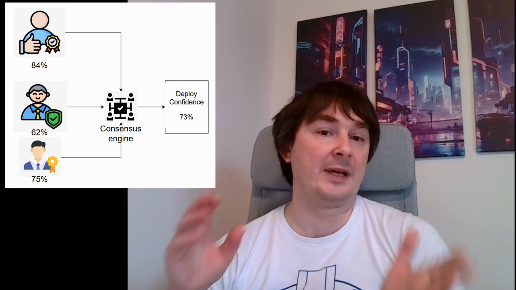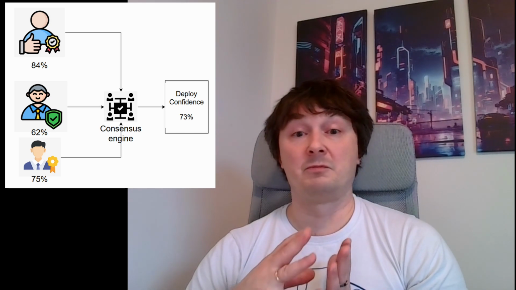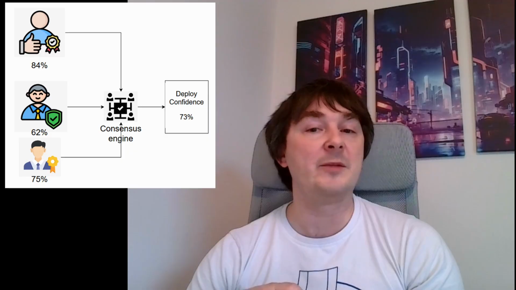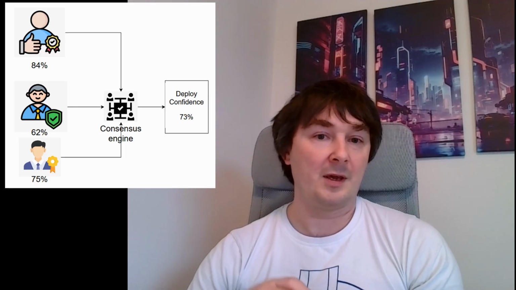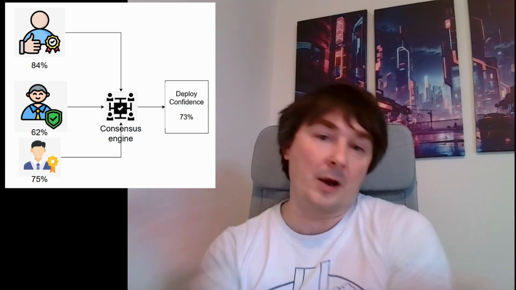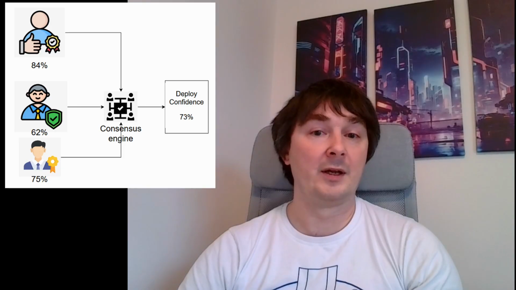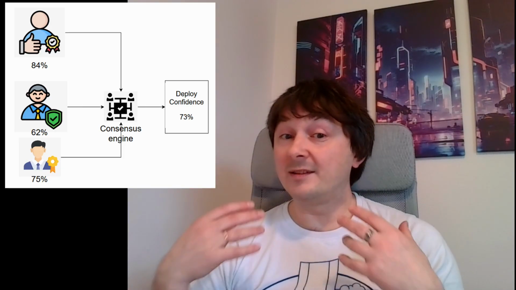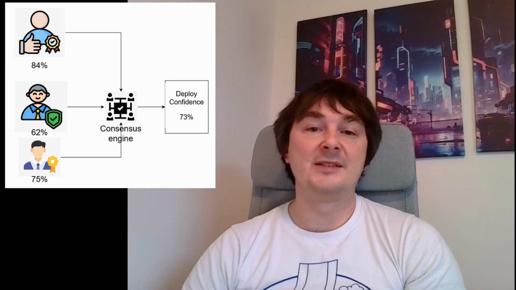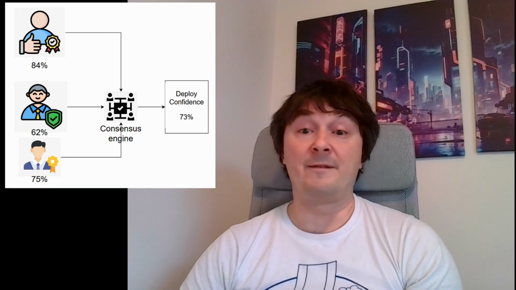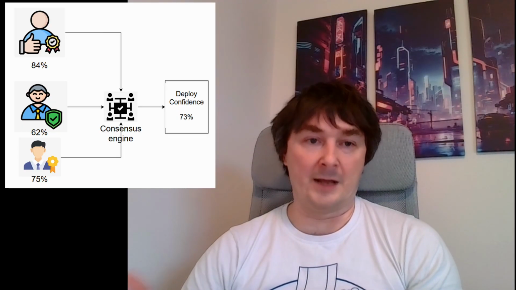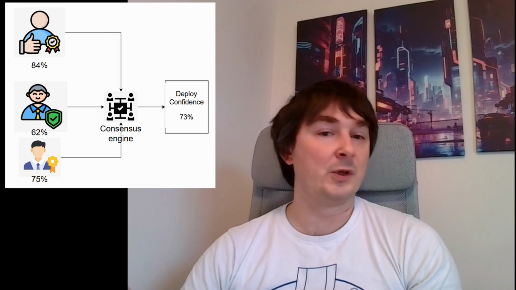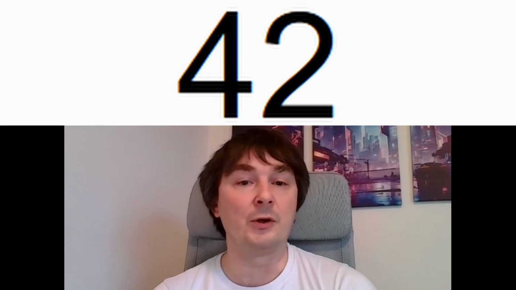So, for example, for the deployment decision, the reliability expert might matter more than the cost. And for a security review, the opposite might be true. And the consensus engine itself will combine those experts' opinions into a final probability for the answer that the user wants to get. Not a yes, not a no, but just a belief with a probability and a weight.